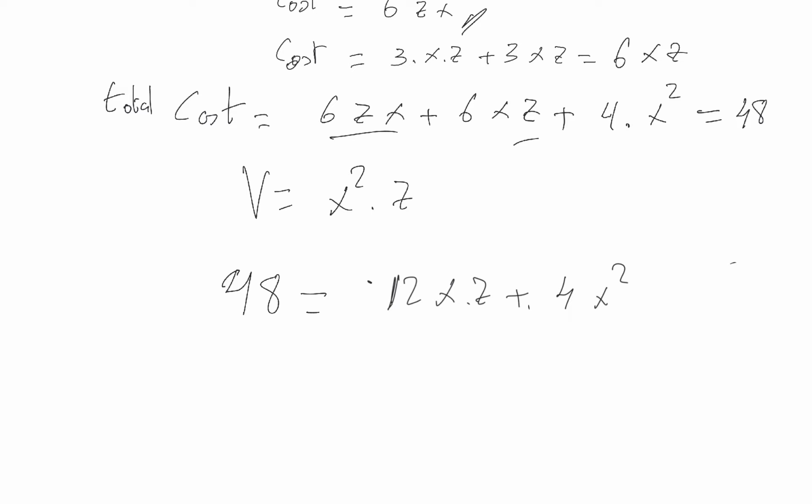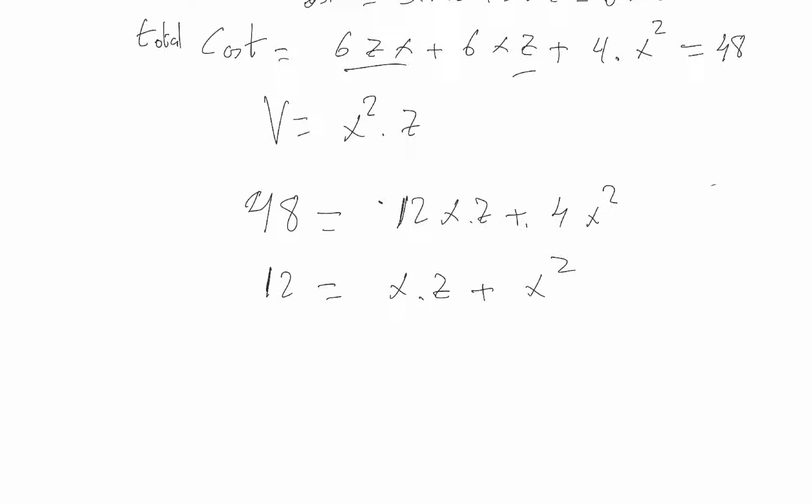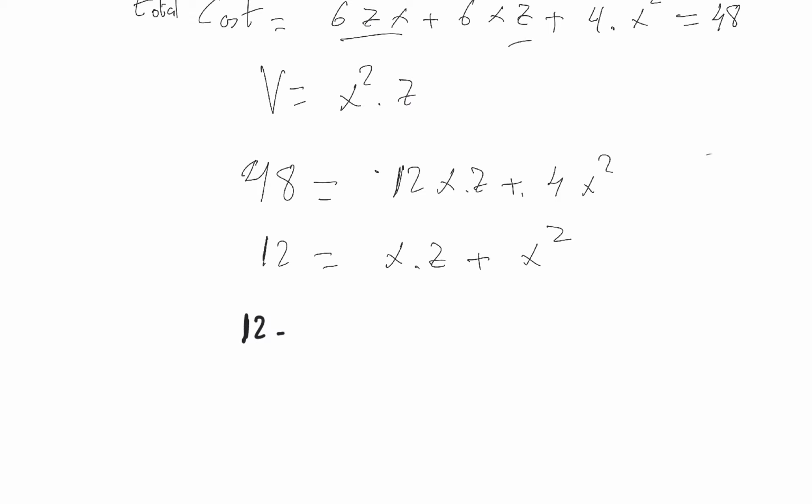If I divide by 4, it will be 12 equal to x multiplied by c plus x squared, because 48 divided by 4 is 12. So this equation will allow me to find c. So 12 minus x squared, divided by x, is c.